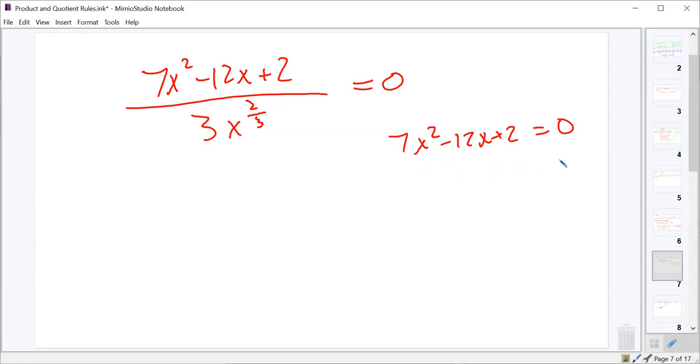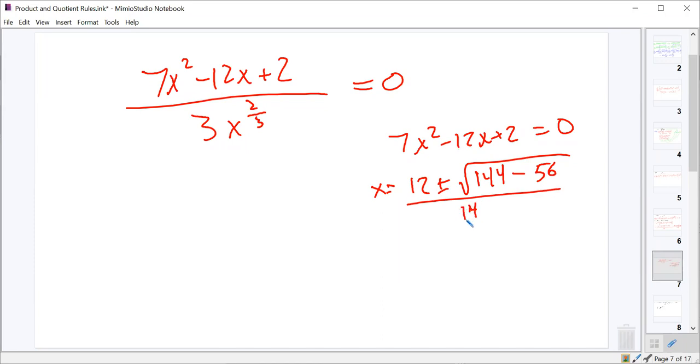Nope. No, it doesn't. So this only has horizontal tangent lines when this equals 0, so we can use the quadratic formula real quick to figure that out. At x equals the opposite of b, so 12 plus or minus the square root of 144 minus, what is that, 4 times 7 is 28 times 2 is 56 all over 14.